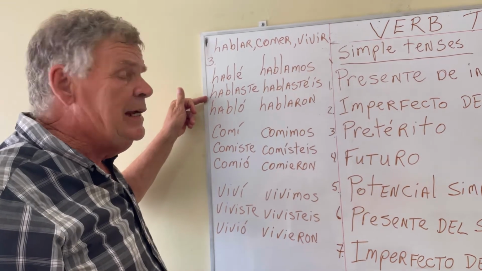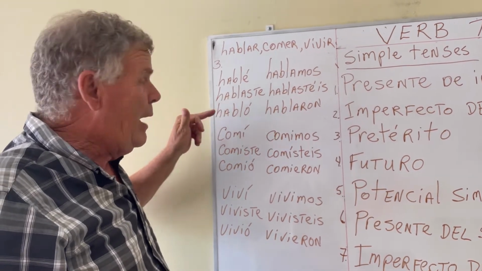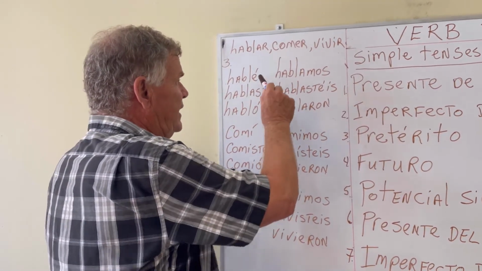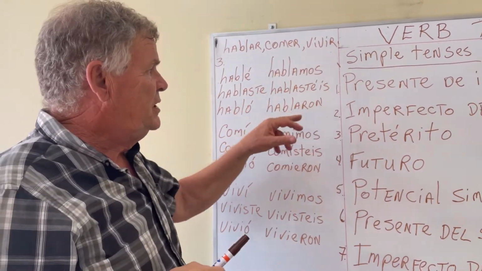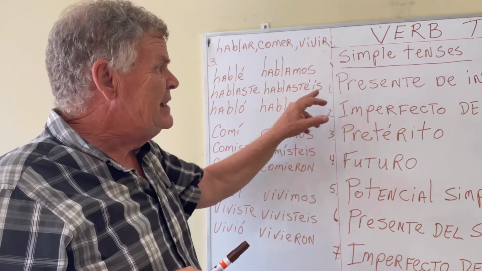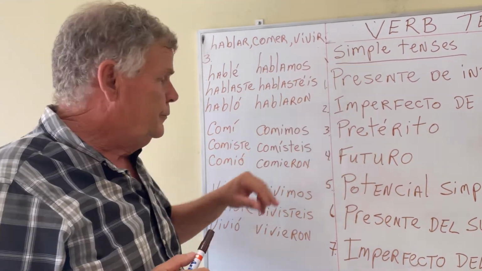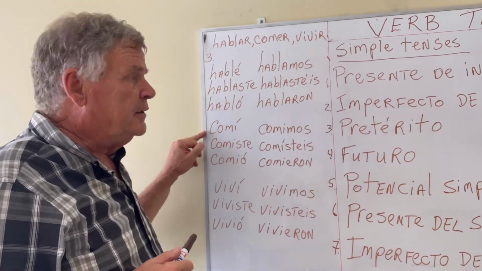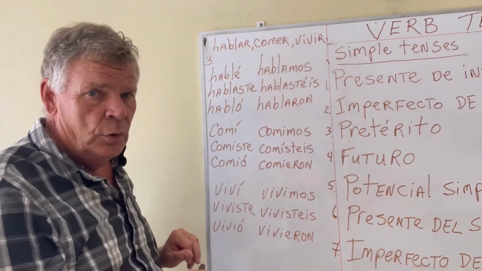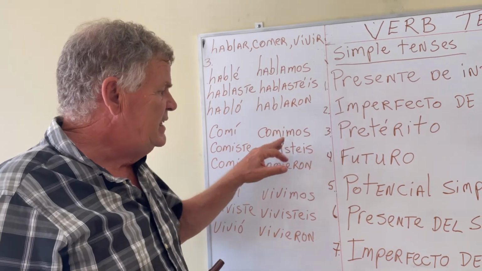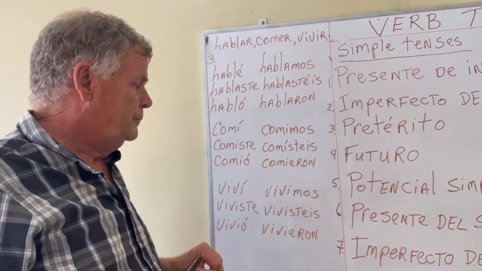And so here it goes. Hablé, hablaste, habló. Notice I put the accent. Hablamos, hablasteis, hablaron. With comer, comí, comiste, comió. Comimos, comisteis, comieron.